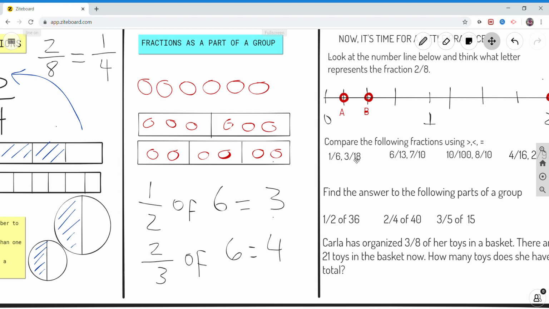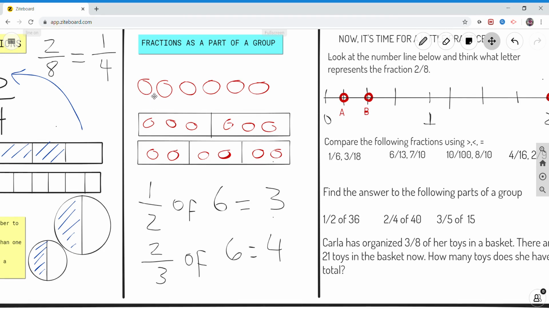So I'm going to ask for your imagination, and these 6 red circles represent 6 apples. Then the bar right here represents 2 equal groups. So technically what I'm saying is that my whole right now is the 6 apples. Whenever I have the 6 apples, I have my whole.